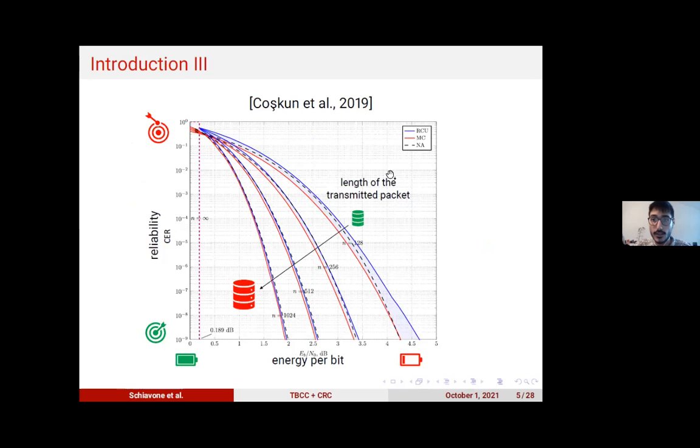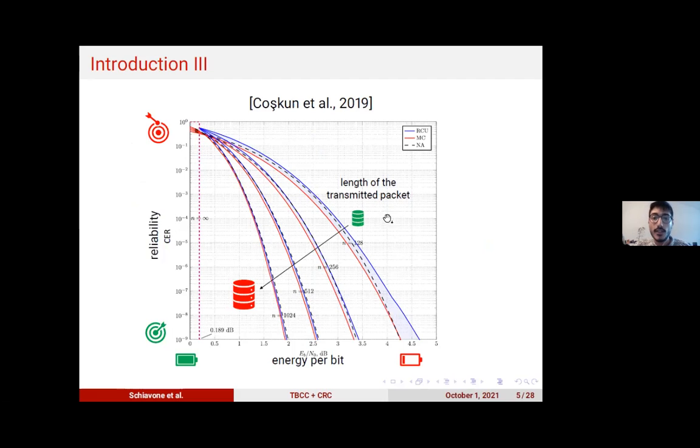Why do I say that this is a great constraint? Because theoretically, the best we can do in performance is bounded by the length of the packet and the redundancy and rate of the code we are using.